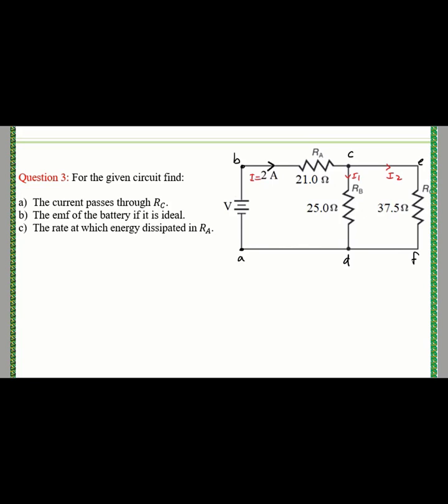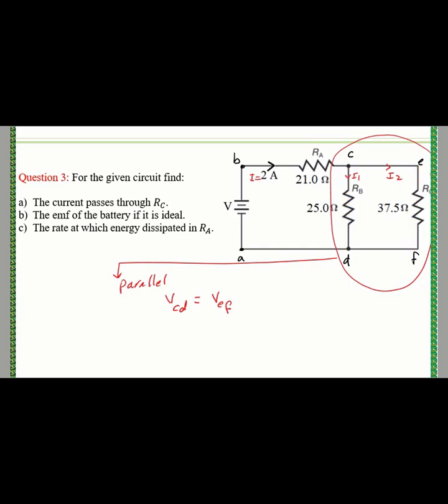Now, from here, we have a parallel. What does that mean? That means the voltage BCD equals BEF. The voltage from C to D is exactly the same as from E to F because they are in parallel.